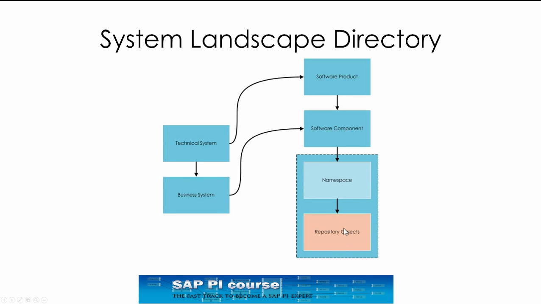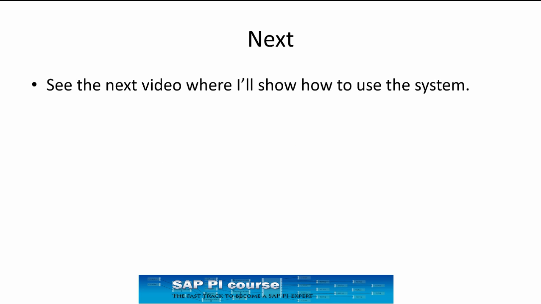So you've got all the interface objects here. Next video will show you how you can use the system, but I hope that this has been helpful and that you have learned a lot more about what the different components are in PI, PO, and to be able to understand what we're dealing with when we talk about the PI, PO system.